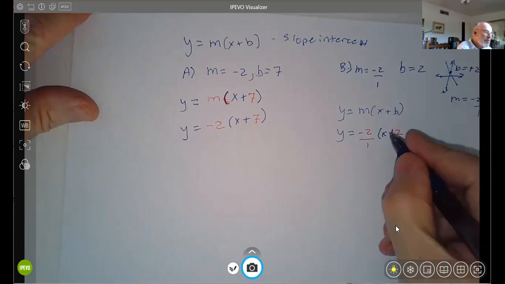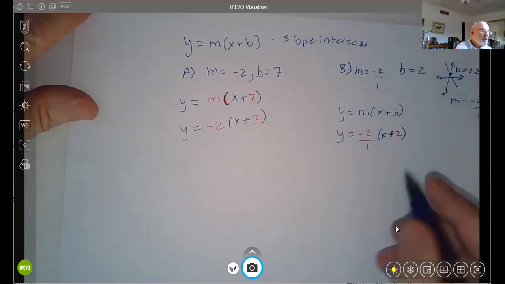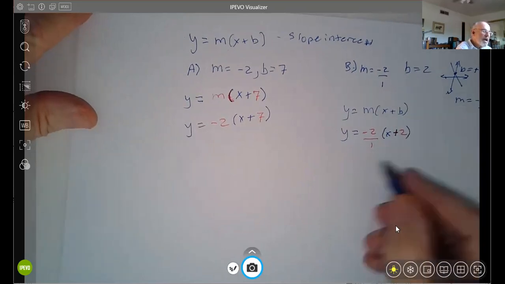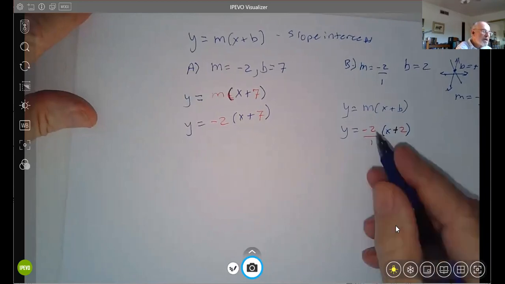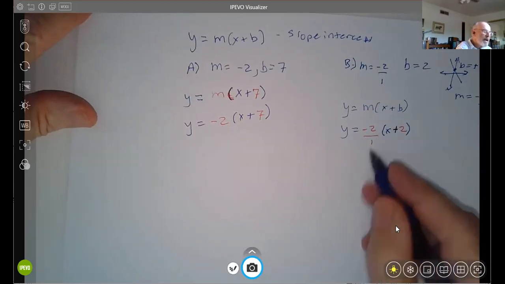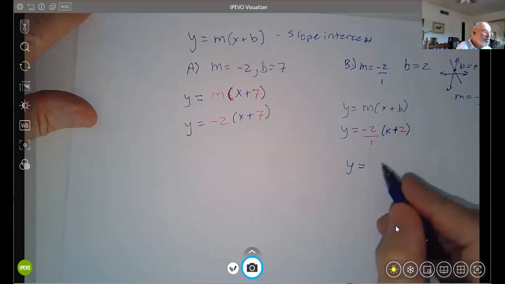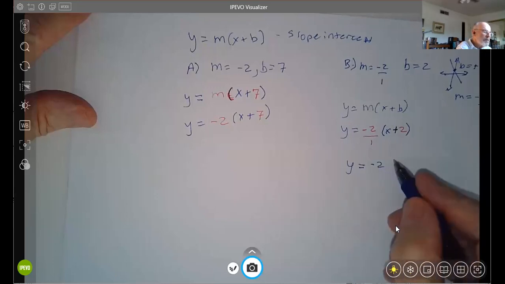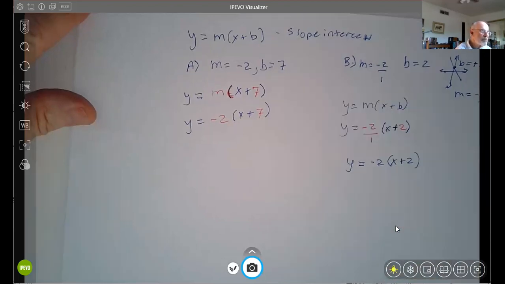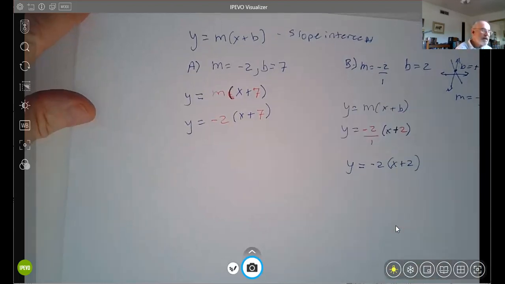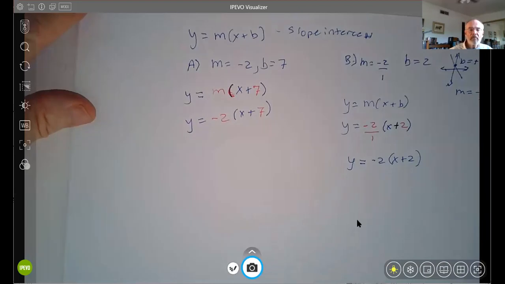So that's the way it would look if you were trying to remember rise over run, but the actual correct simplified form is y equals -2 times x plus 2. Okay. All right. So that's how we would cover the slope-intercept form.